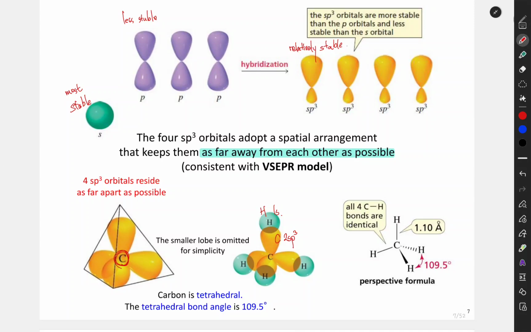All four CH bonds have to be equivalent or identical. The bond length is 1 angstrom, equivalent for all CH bonds. The symmetrical, tetrahedral geometry can be rationalized with this sp3 hybridization model.